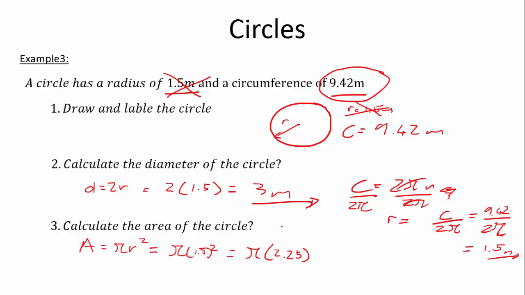And you're going to have to put this into a calculator now, where you're going to go pi multiplied by 2.25, and your answer is going to be 7.07. Now you could leave it like this, that is fine. What are the units? Meters, so 7.07 meters squared. And that is your answer.